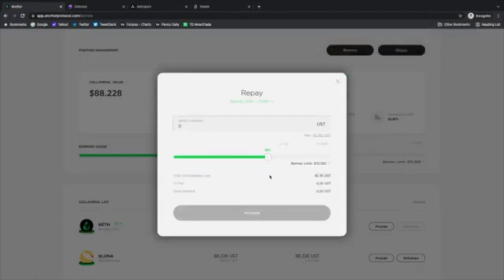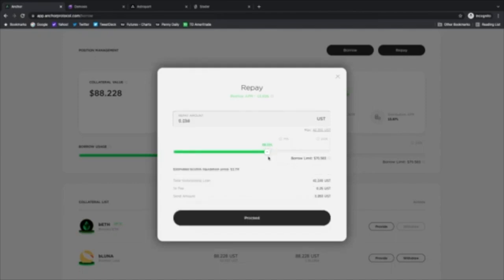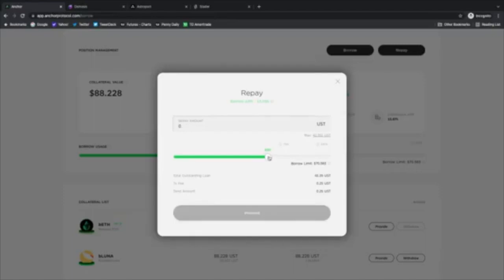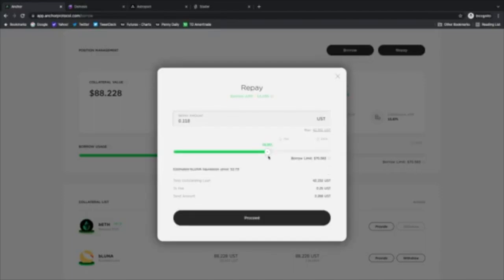Your collateral fluctuates with the price of Luna, and your borrow limit is 80% of your collateral position, but your borrow value is just what you've taken. I can't gauge exactly how to calculate a liquidation price.